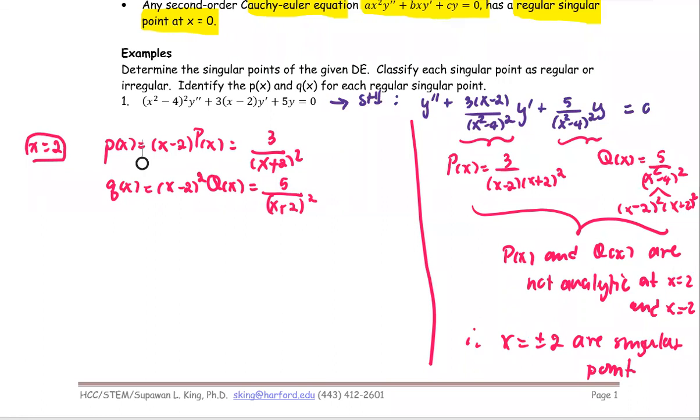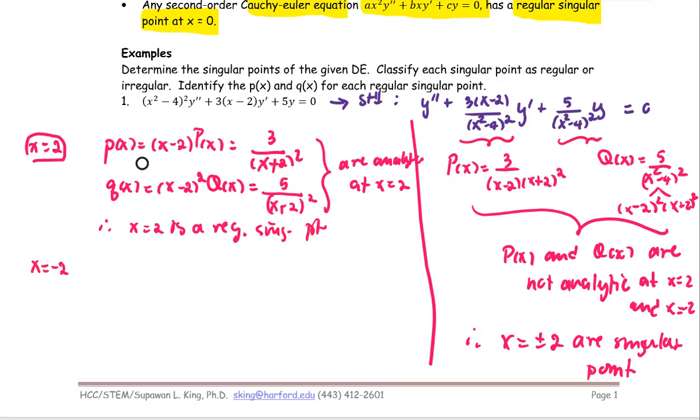So both lowercase p and lowercase q functions are analytic at x equals 2. So we can say x equals 2 is a regular singular point.